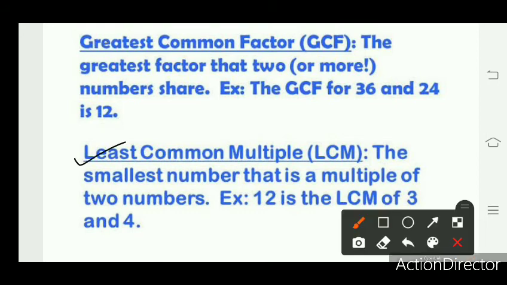So 12 is the number which divides 36 and 24 at the same time. Now least common multiple or LCM. The smallest number that is a multiple of two numbers is known as the least common multiple or LCM.